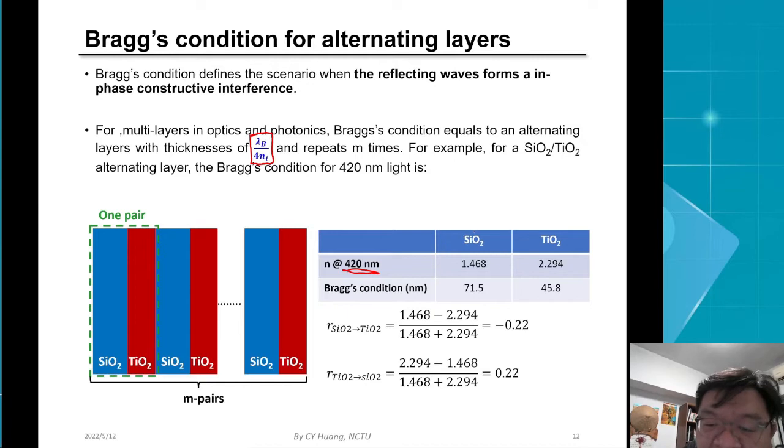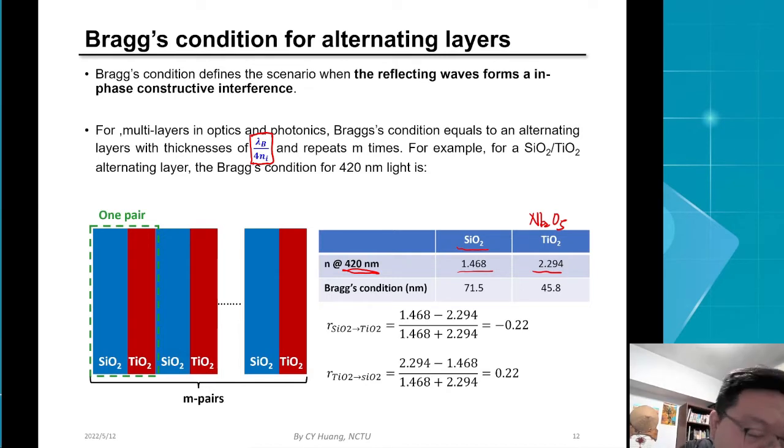One choice is SiO2, whose refractive index is usually around 1.5. Or you can choose another dielectric with a higher refractive index, for example a very common one, titanium oxide. Or you might also choose Nb2O5, which also has a pretty high refractive index in the short wavelength region, which could be 2.3 to 2.5.